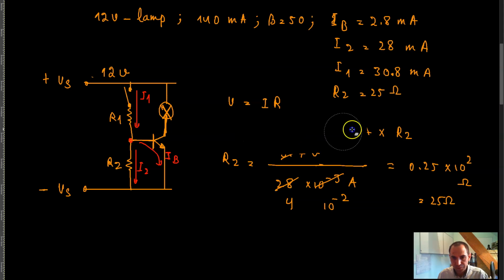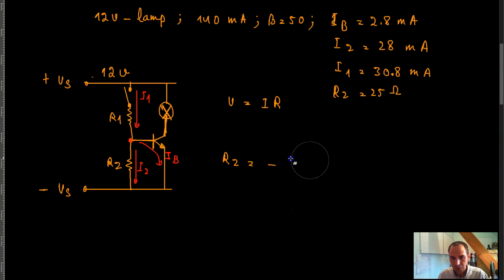And applying Ohm's law to resistor R1 over here, the voltage across R1 you can take as the whole voltage because you can ignore the voltage drop across R2.